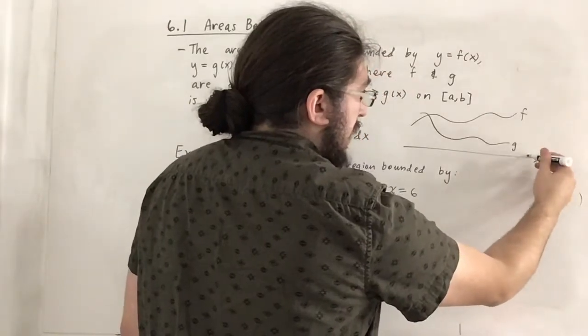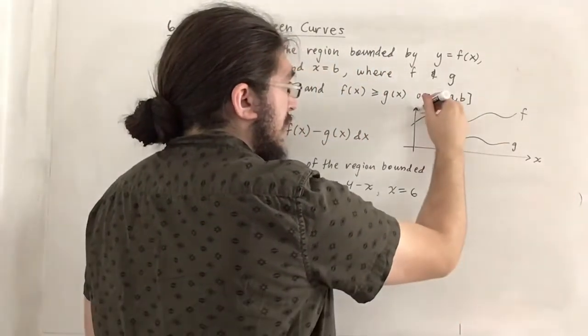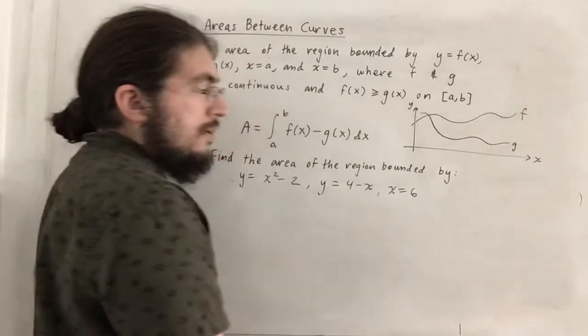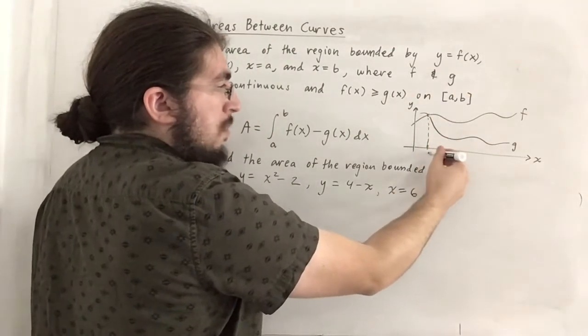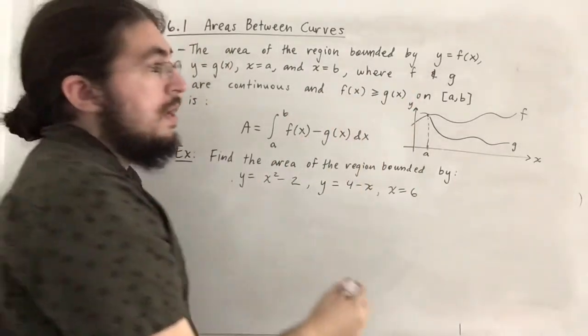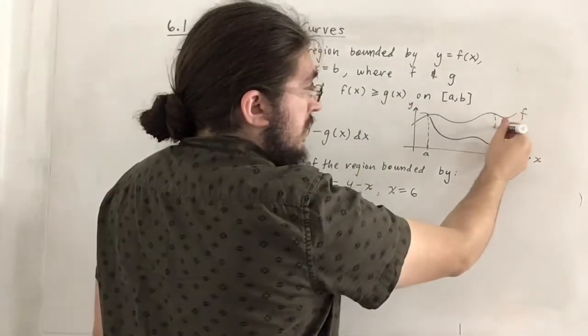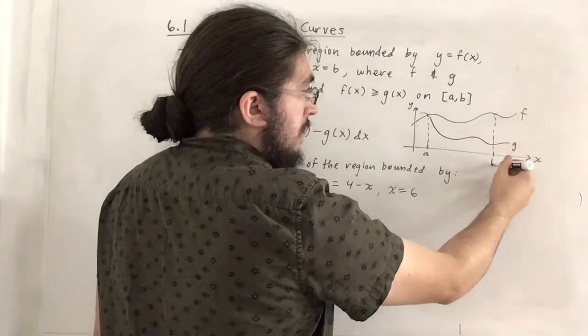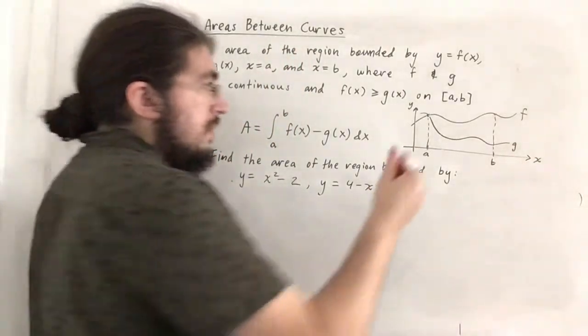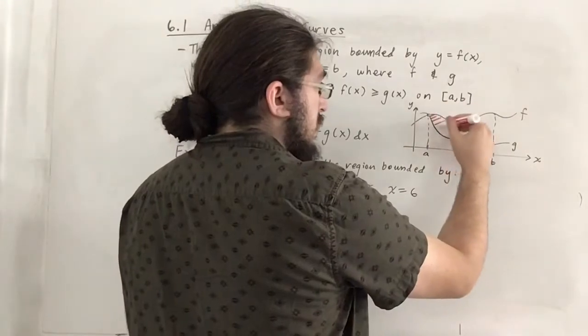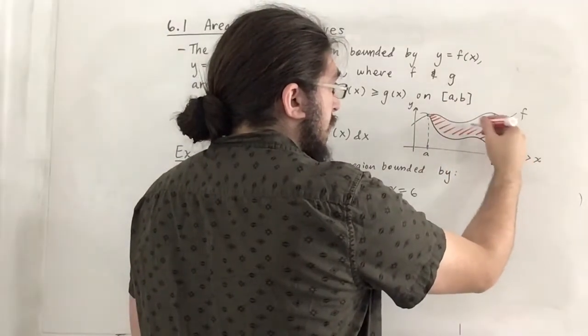Imagine this is the x-axis, and over here, let's say we have the y-axis. Doesn't really matter. Where they intersect, let's say, is A, and we're going from A to B, so over here, this is B. So what we're trying to find is a formula for the area between these two curves, in between these x values, A and B.